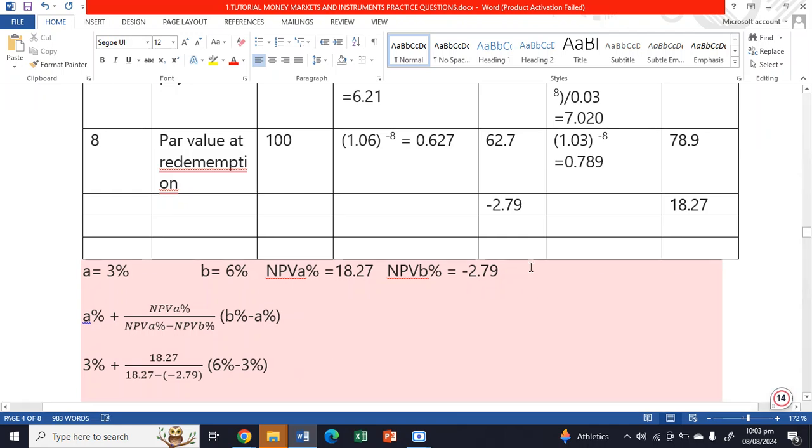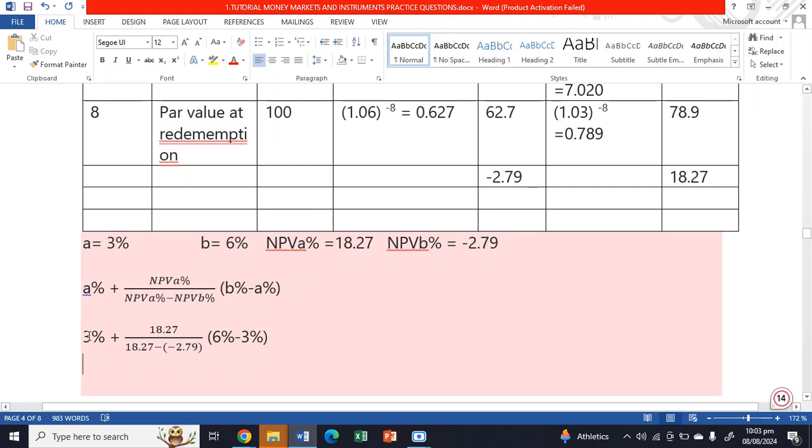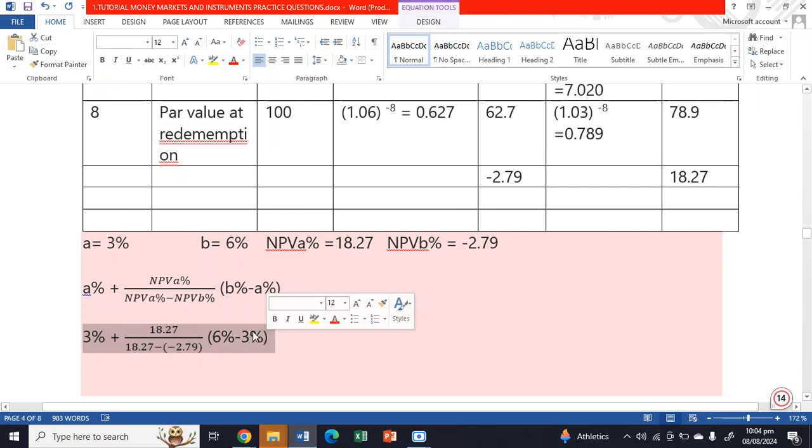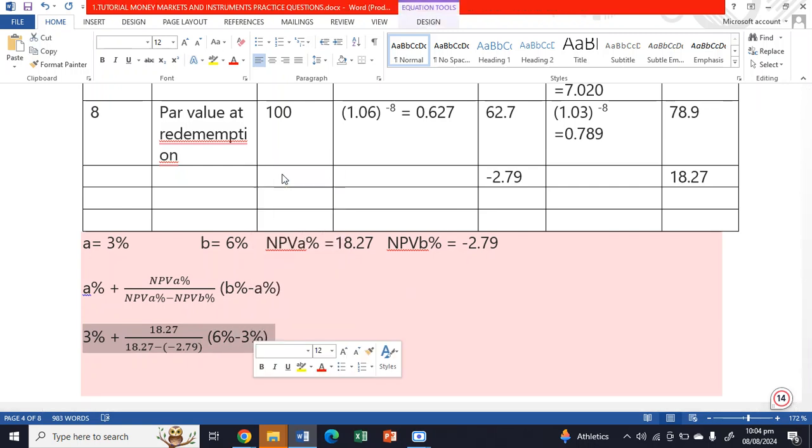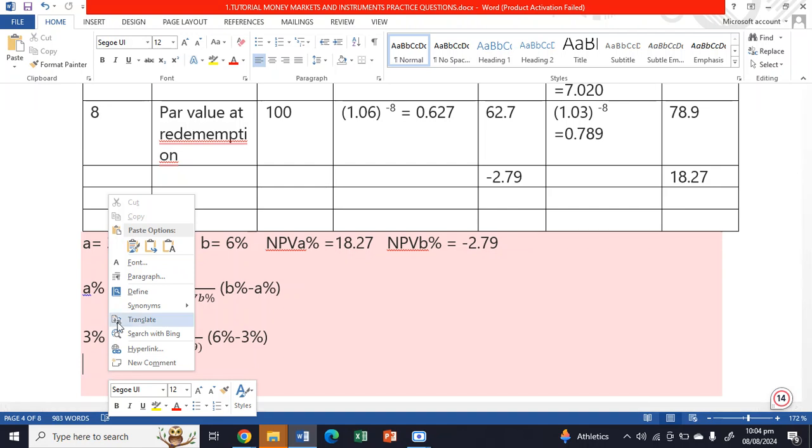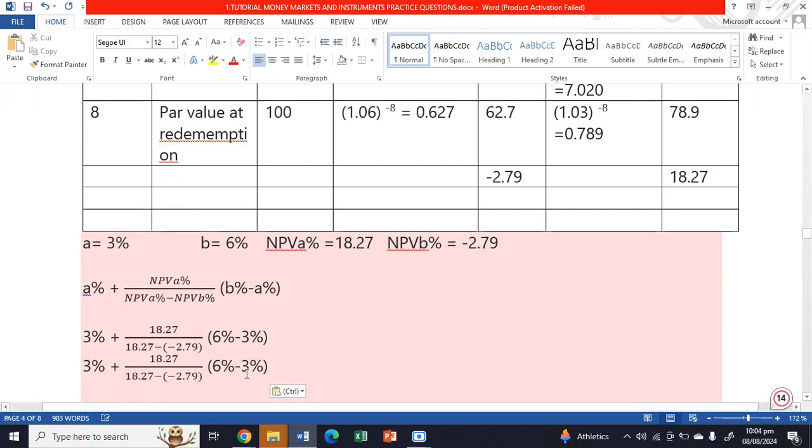So let's get our calculators. The one in the brackets here, 6 minus 3%, that's 3%, that's easy. 18.27 plus 2.79, 21.06.